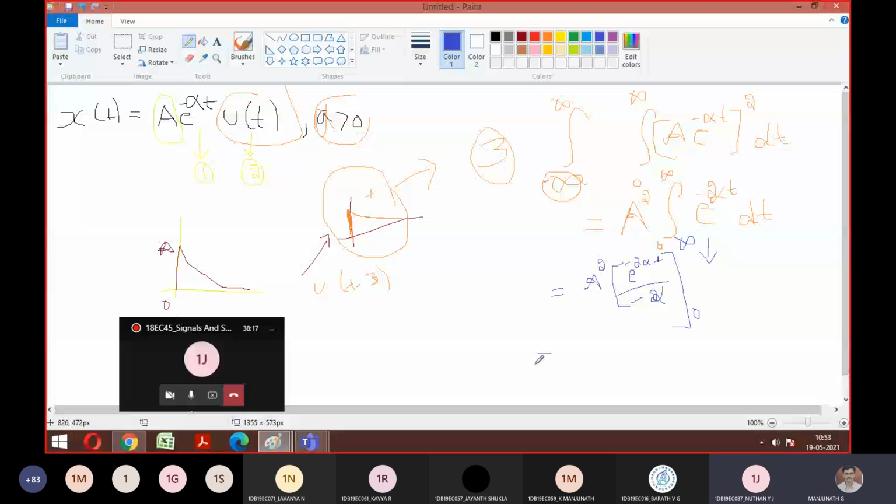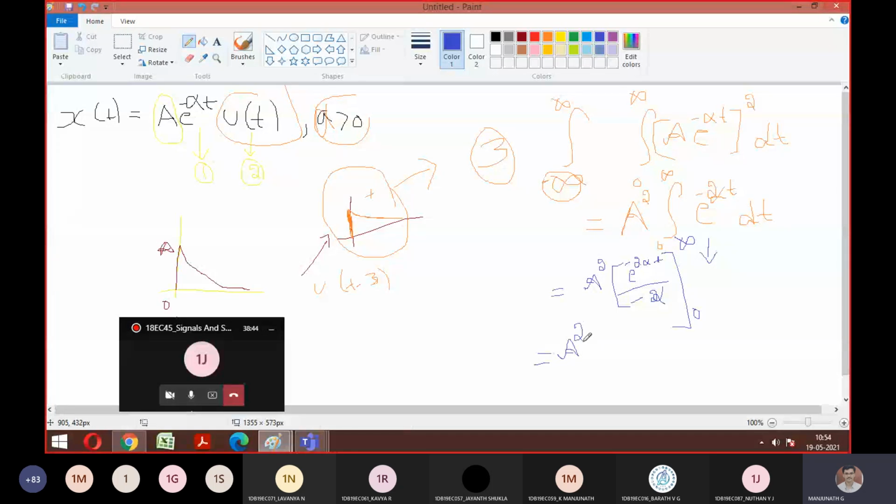So if you apply the limit, then tell me what is the answer, guys? Minus a square by 2 alpha, sir. Upper limit will be 0, minus of lower limit 1. Observe things carefully: upper limit minus lower limit. So minus of minus, you just check, is it going to be plus? Yes, sir.